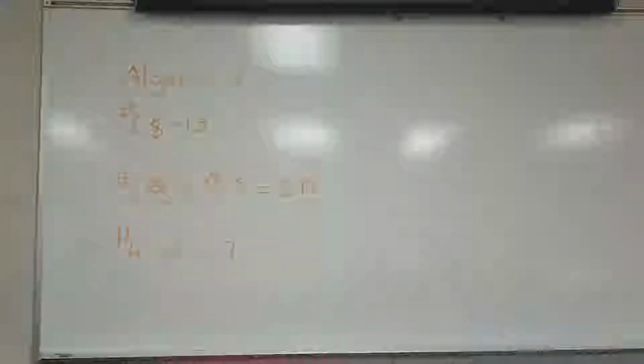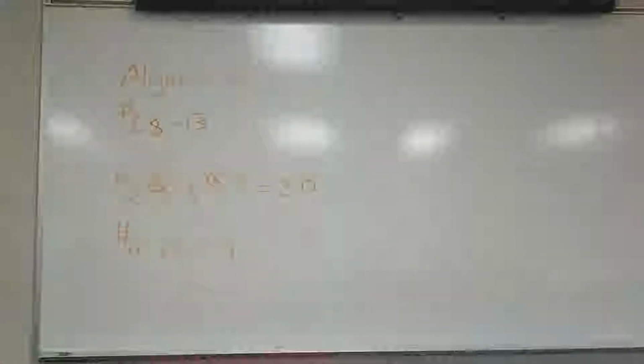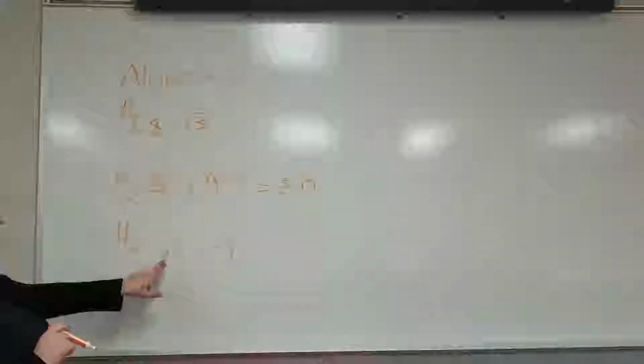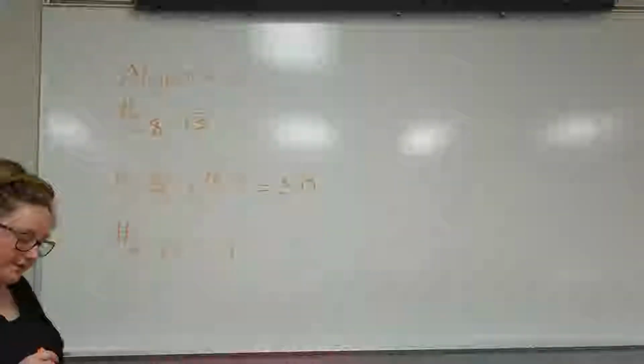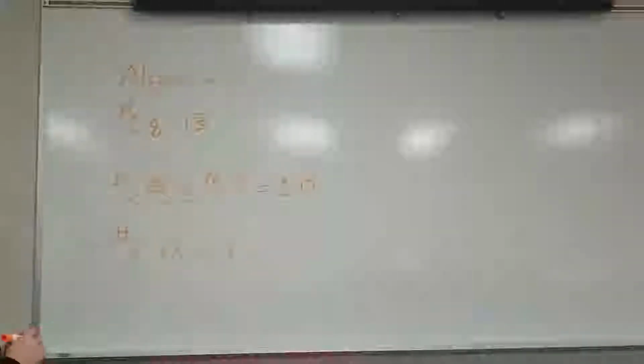On number 4, it says the square root of x equals negative 7. Okay, immediately we should know this is impossible. The square root cannot be a negative number. Okay, square roots cannot equal negative numbers. It's impossible. No, sorry.